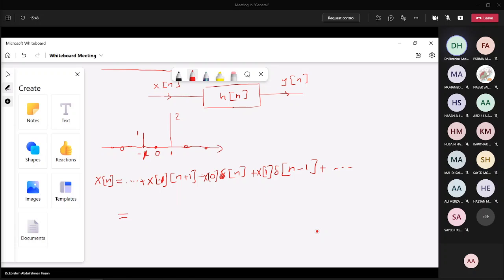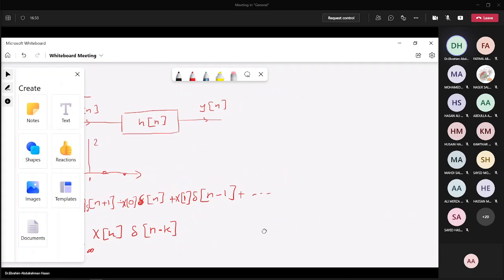So then x of n, I can write it as equal to x of k, this k is the one that keeps changing, k delta of n minus k, where k is from minus infinity to plus infinity. So then this is my x of n. So then at 0, this is equal to 0 multiplied by delta 0, delta n, sorry. Okay, at 1, then it is equal to 2 multiplied by delta n minus 1, and so on.